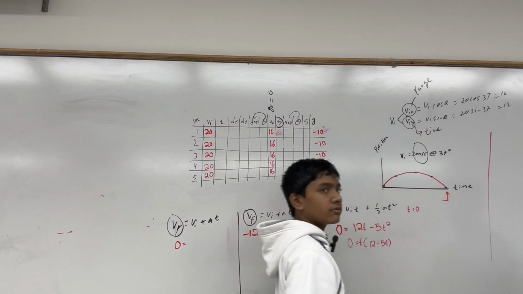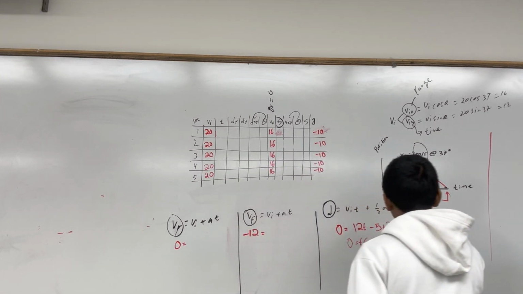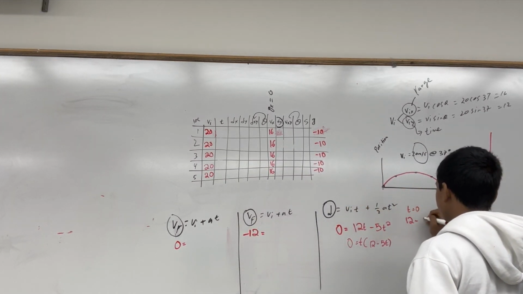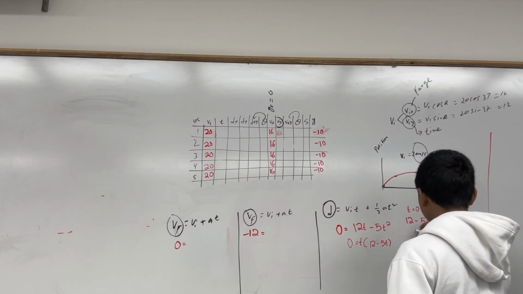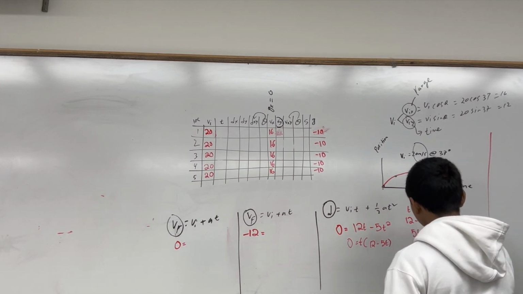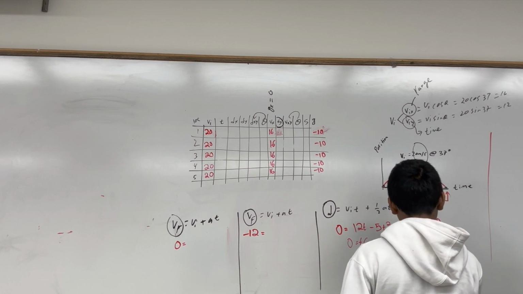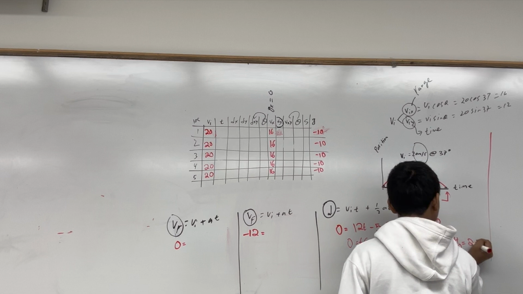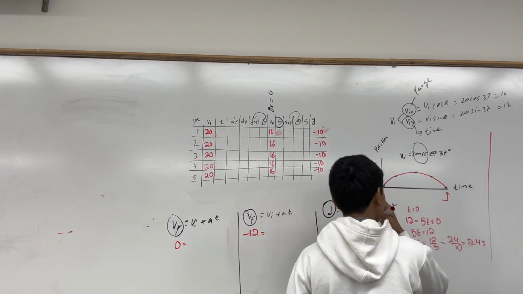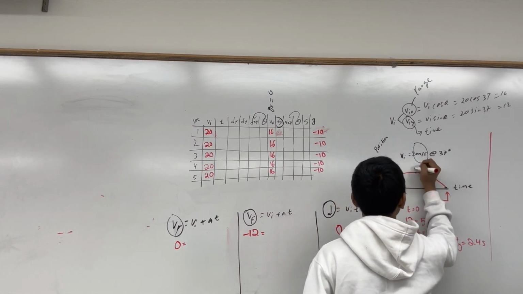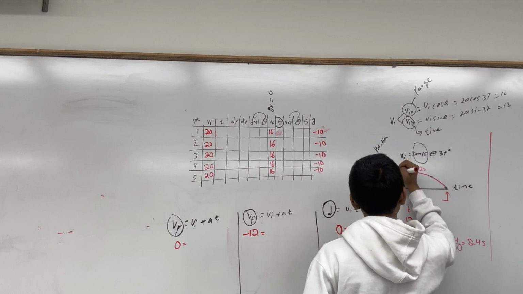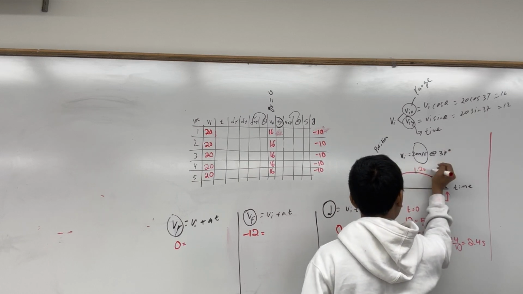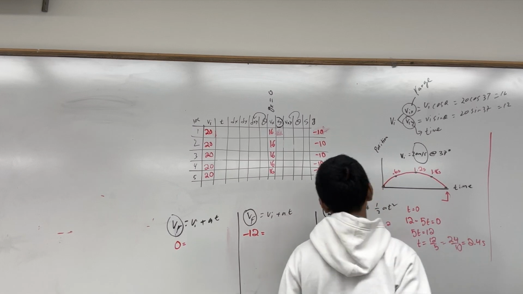We're looking for where it hits the ground again, which is when 12 minus 5t equals 0. So 5t is equal to 12, and t is equal to 12 over 5, or 24 over 10, which is 2.4 seconds, which means halfway through, we've got 1.2 seconds, and these are just midpoints, so we put 0.6 seconds and 1.8 seconds.